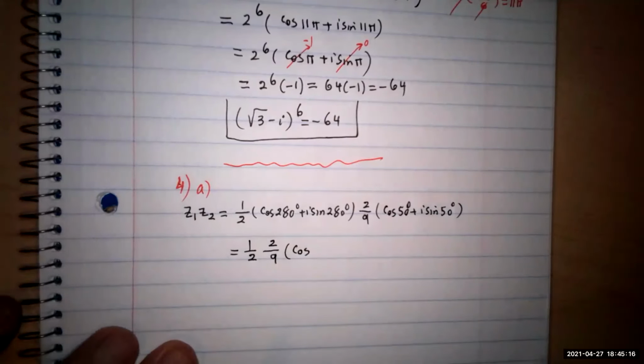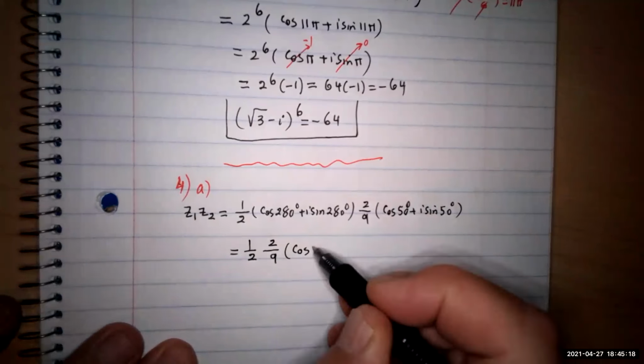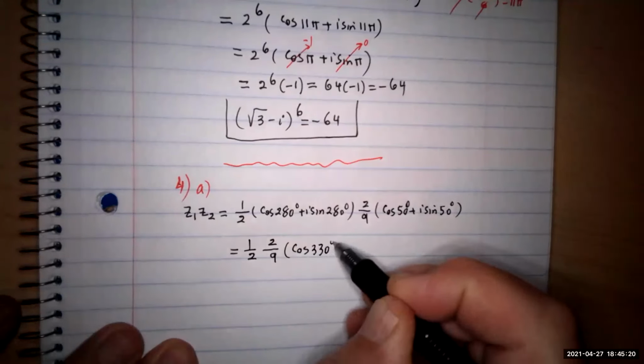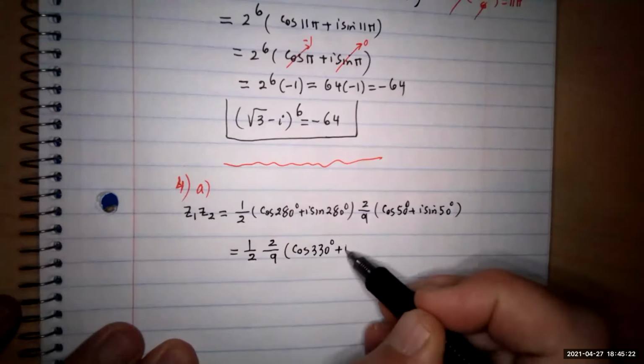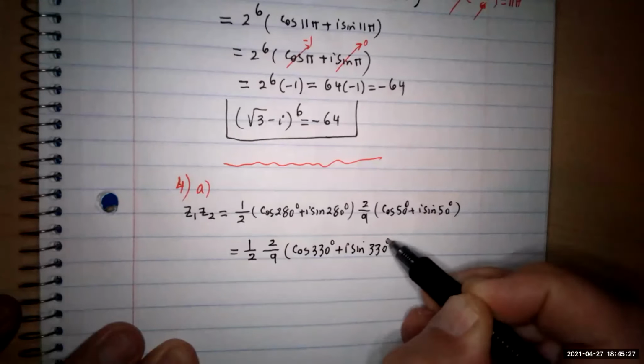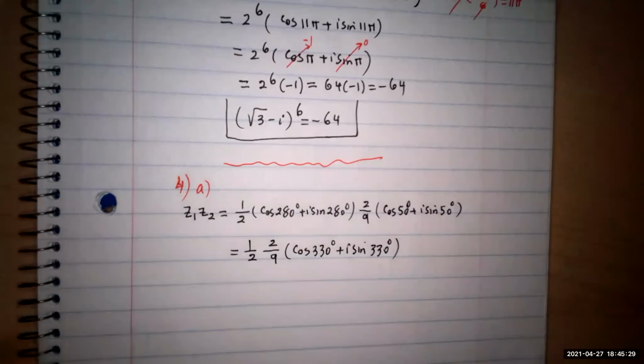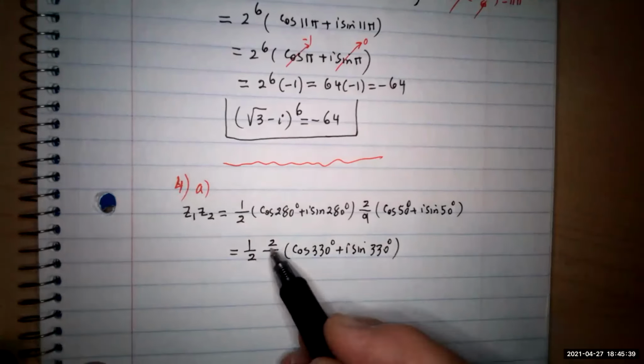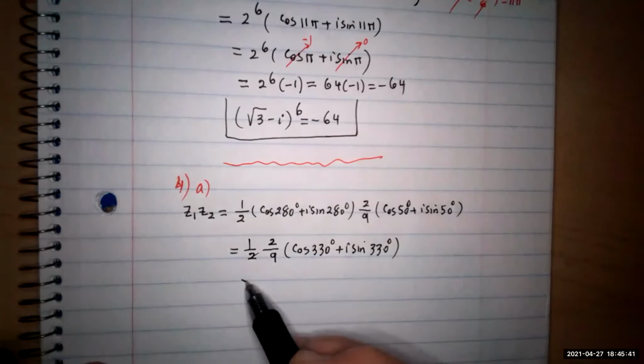280 and 50 would be 330 degrees, plus I sine of the 330 degrees. This is a formula that we established before, so we're going to use it: R1 R2 CIS of theta 1 plus theta 2. Now we have to simplify it.